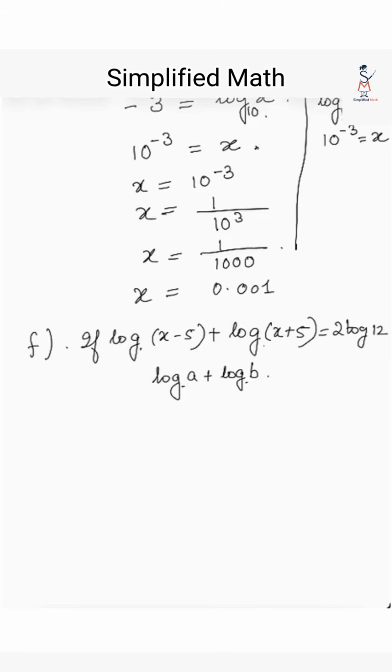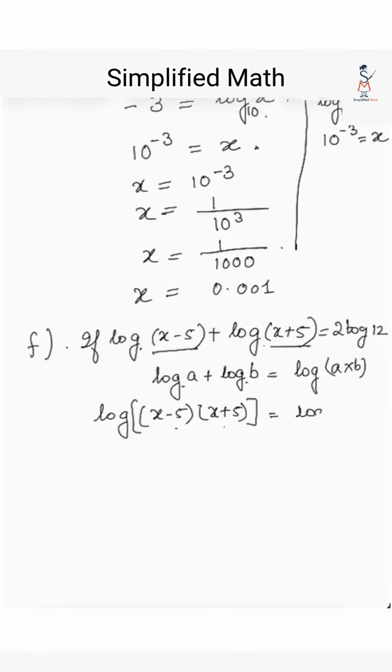So bases are same, is equal to log of a into b with the same base, right? So this will become log (x minus 5) into (x plus 5), is equal to log 12, and the 2 over here will go as a power to the log. Fine.